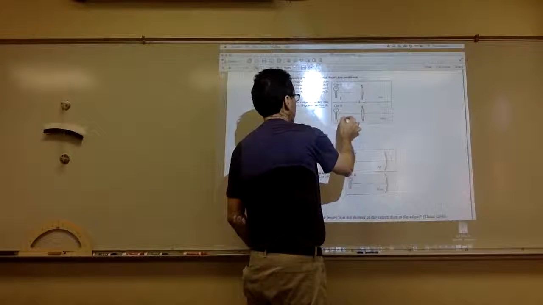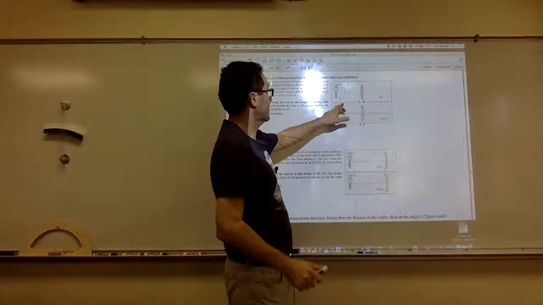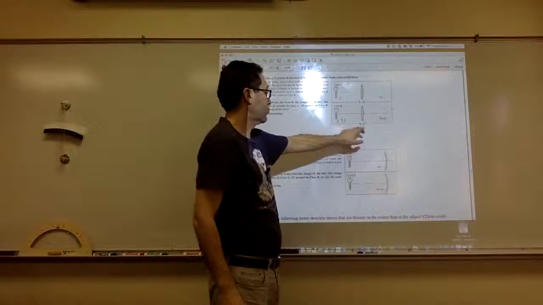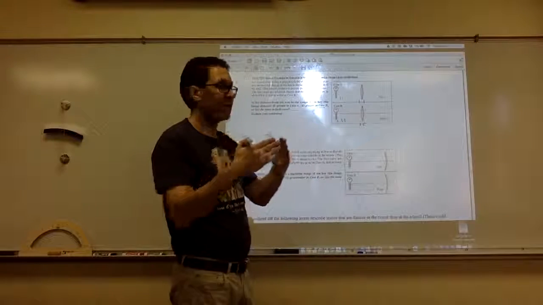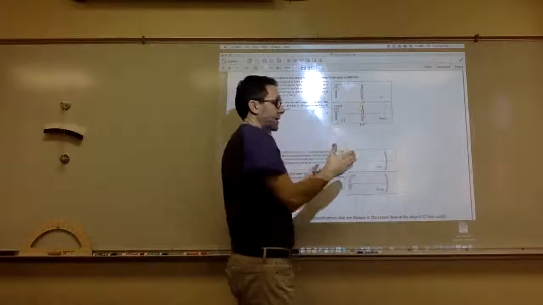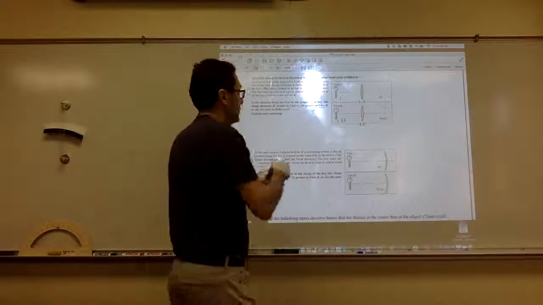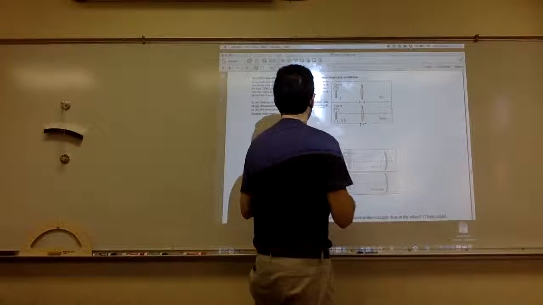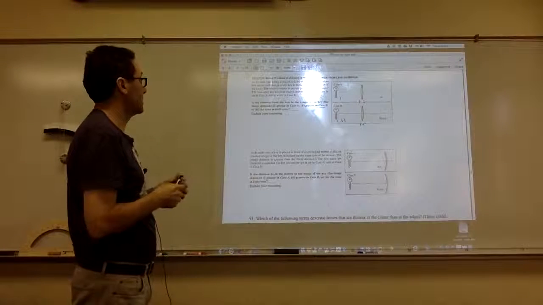Here it's 1.33, and for glass is about 1.5. So the difference from 1 to 1.5 is larger than the difference between 1.33 and 1.5. Which means in case A, there will be more bending. In other words, the rays of light, as soon as they hit the lens, are going to come together closer. If they come together here, the other ones may come together here. So the image for case B will be a greater distance from the lens.